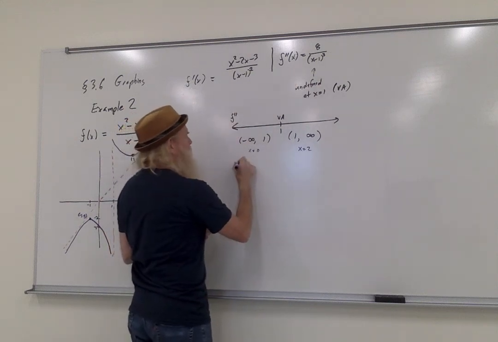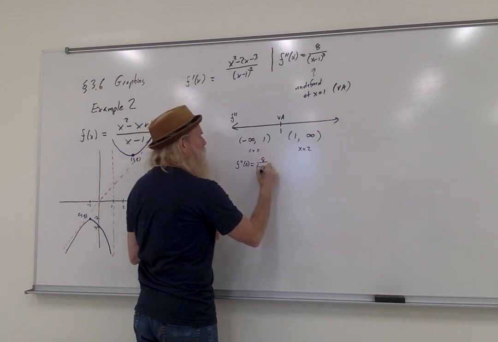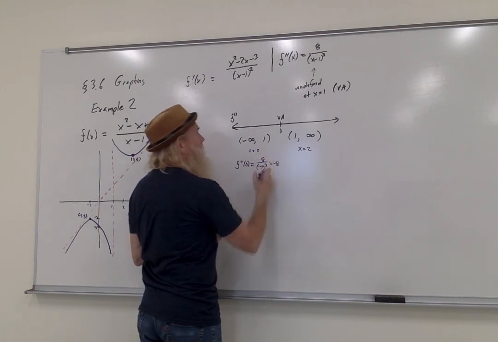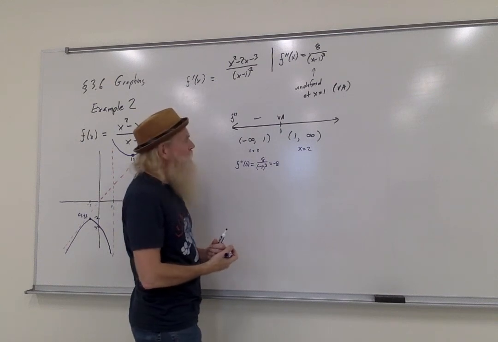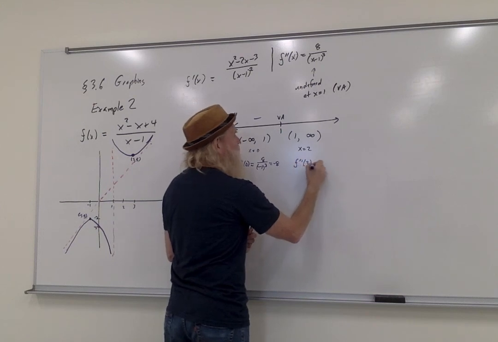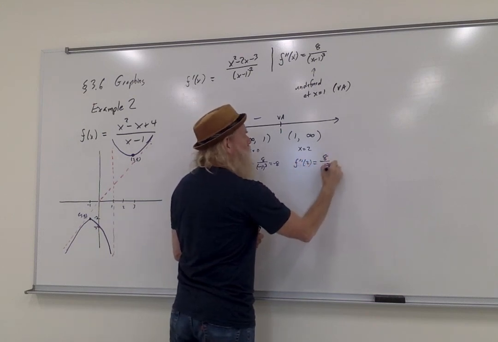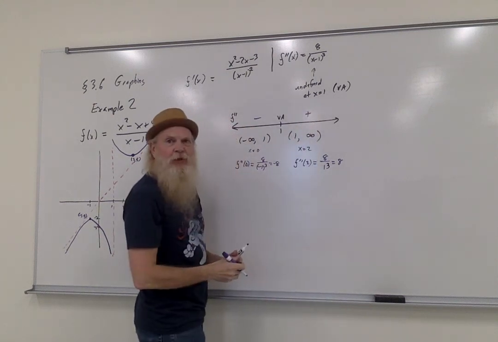So f double prime of 0 is 8 over negative 1 cubed, which is negative 8. So the second derivative is negative on this first interval. And plugging in 2, f double prime of 2 is 8 over 1 cubed, which is 8, which is positive.